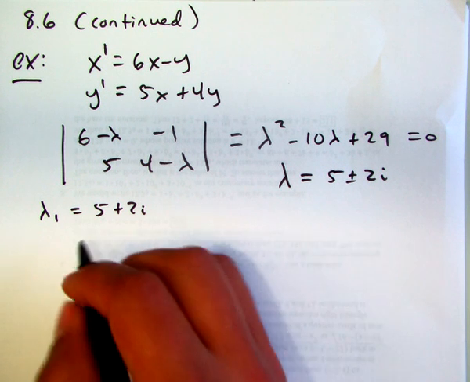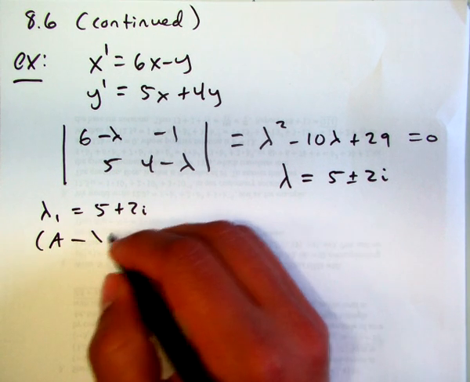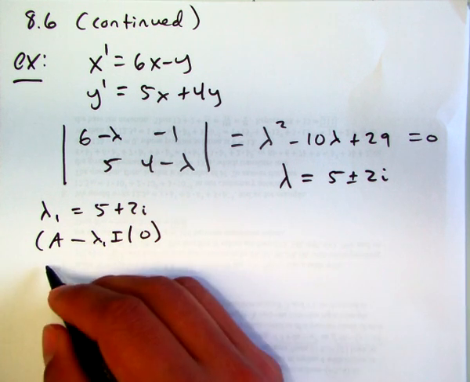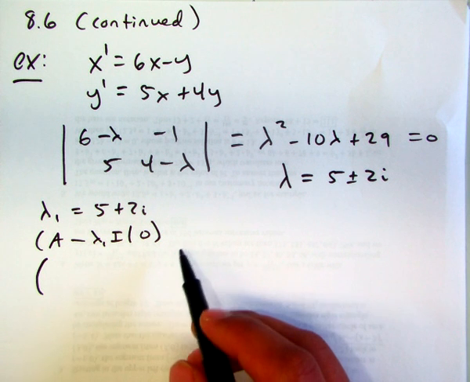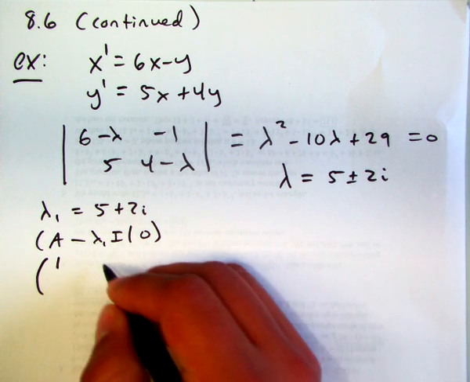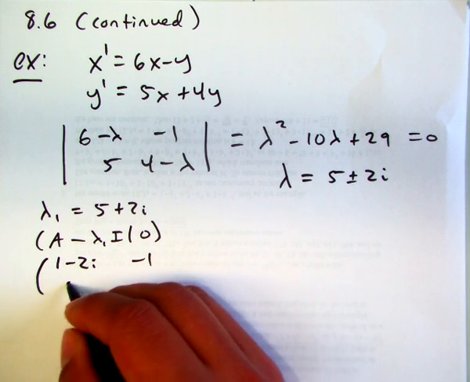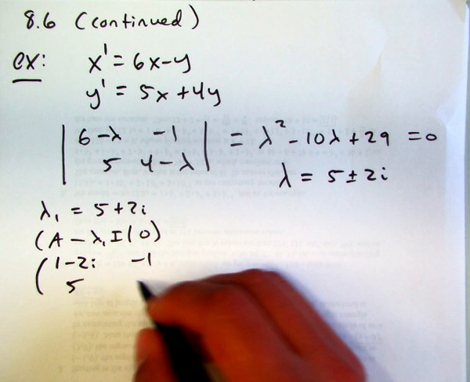We're going to solve A minus lambda 1 I, augmented with 0. So that turns into the matrix 6 minus 5, which is 1, and then we're subtracting 2i, negative 1, 5, and then we do 4 minus 5 plus 2i, so we get negative 1 plus 2i.